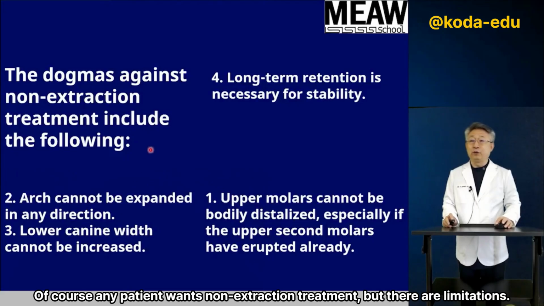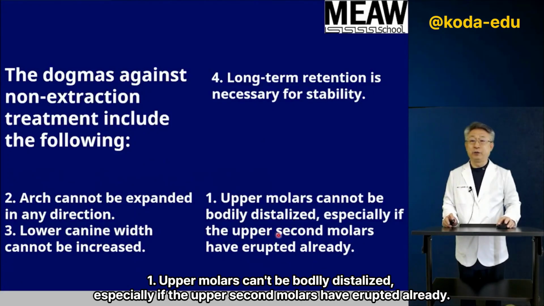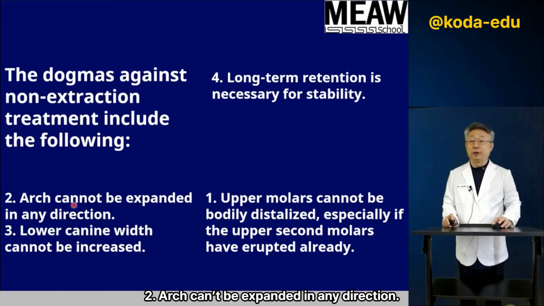Of course, any patient wants non-extraction treatment, but there are limitations. 1. Upper molars can't be bodily distalized, especially if the upper second molars have erupted already. 2. The arch can't be expanded in any direction. 3. Lower canine width can't be increased. 4.